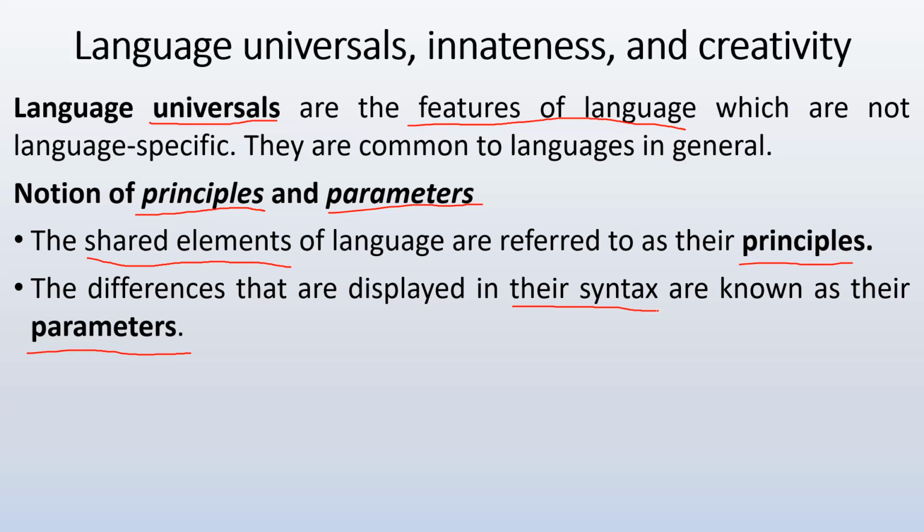So there are differences between Sinhala syntax and English syntax, and these differences are referred to as parameters. Okay, so the principle is the common thing, whereas the parameter is the language specific thing.